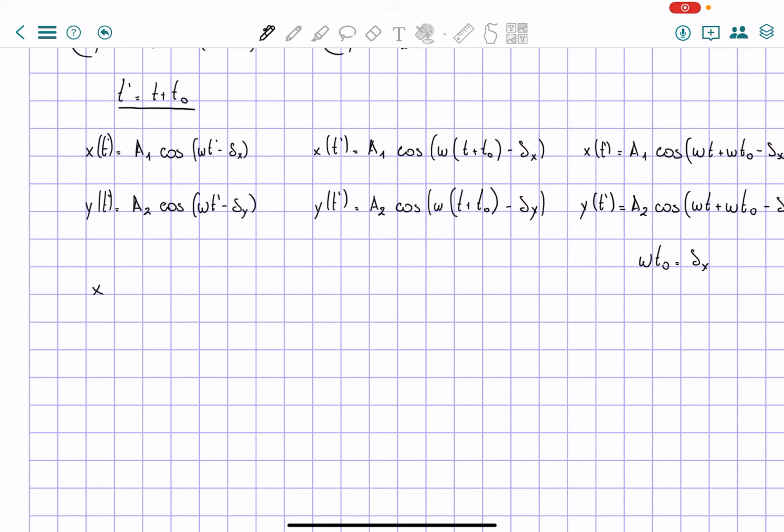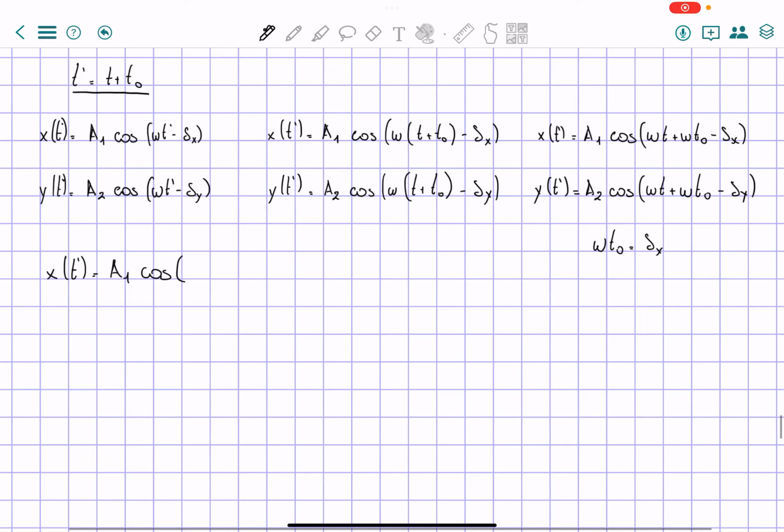We're going to have x of t prime equal to a1 cosine of wt plus phase shift x minus phase shift x, and then y in terms of t prime is equal to a2 cosine of wt plus, again instead of writing wt naught, phase shift x minus phase shift y.